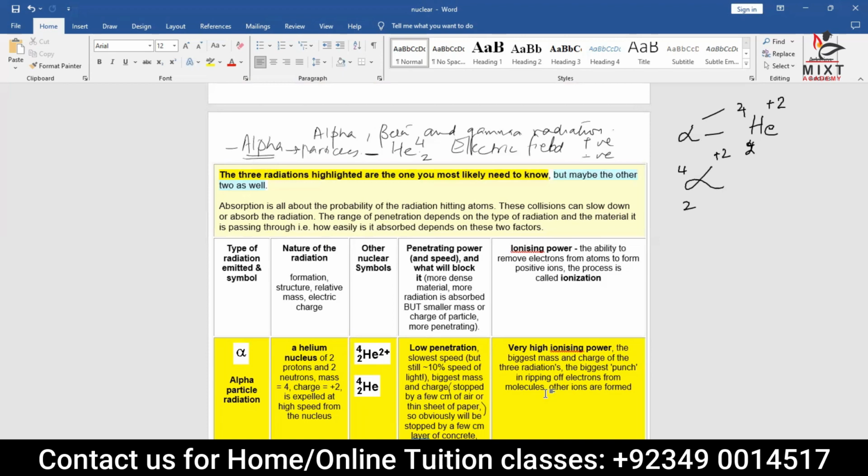It means that alpha particles are positively charged particles with a charge plus 2.